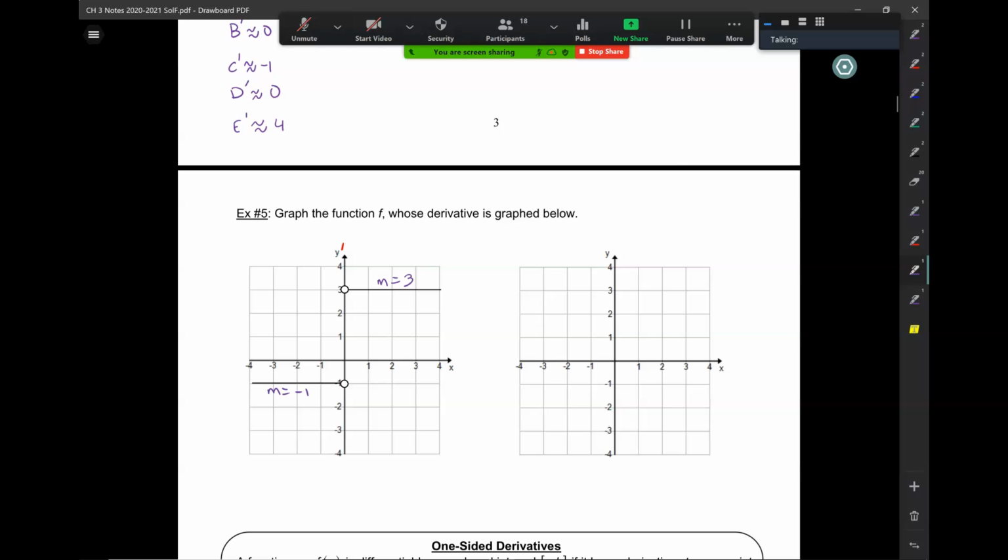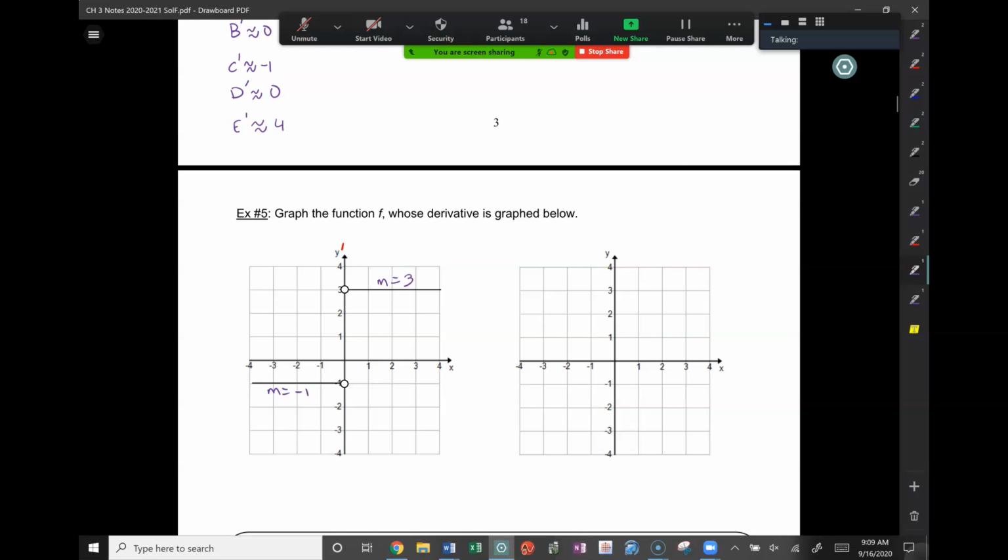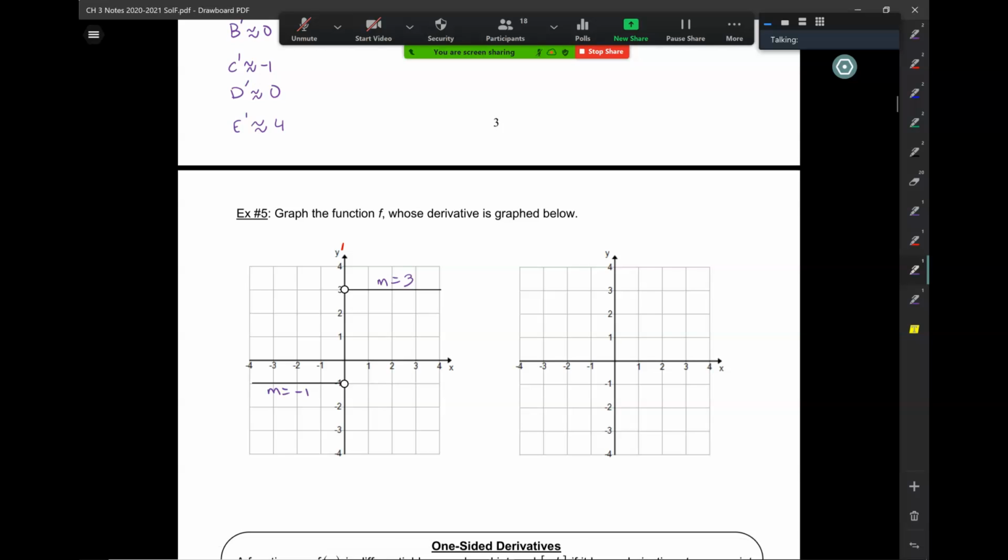A line. It's a line that's decreasing. The y values can be further up or further down, it doesn't matter. And then at that point, it switches to a slope of 3.